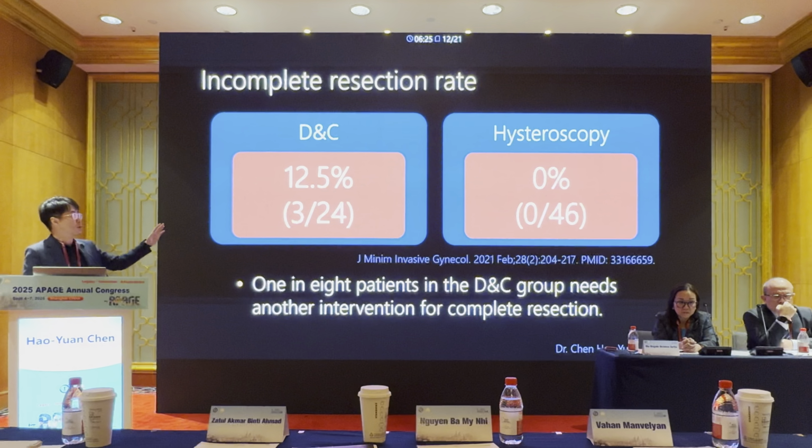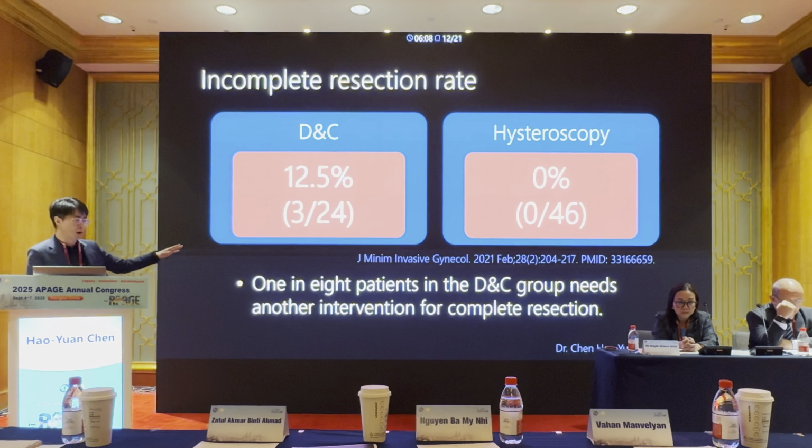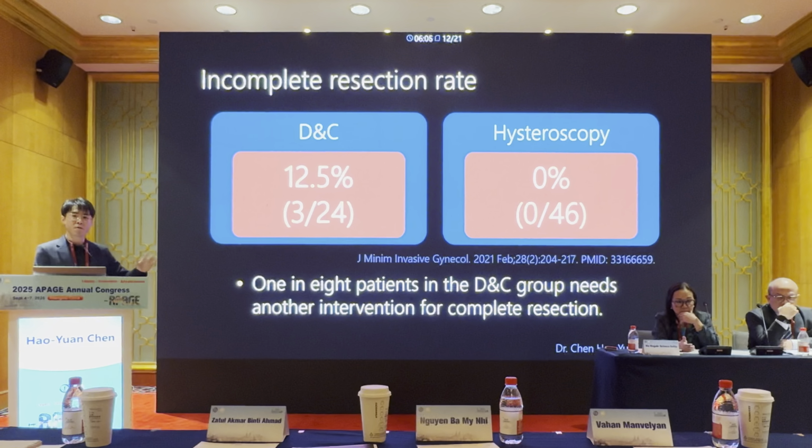When it comes to incomplete resection rate, there is a study that found that if you choose to treat the RPOC patient with DNC, there is a 1 in 8 chance that the patient will still have persistent RPOC after the DNC, and they are going to need another intervention for complete resection. While in the hysteroscopy group, the rate was 0.